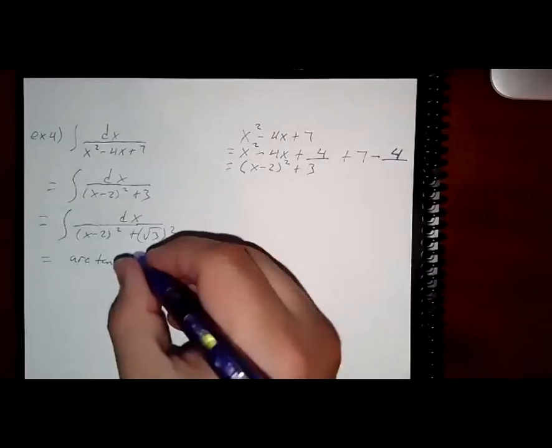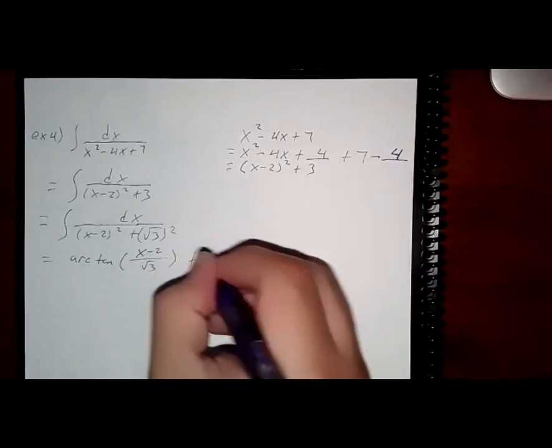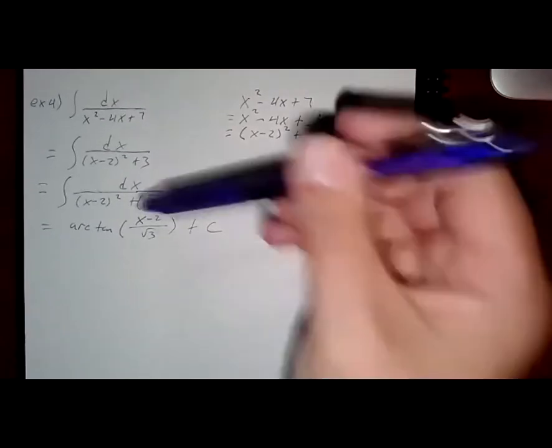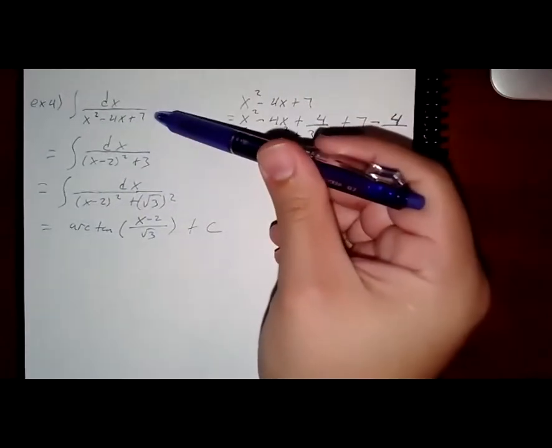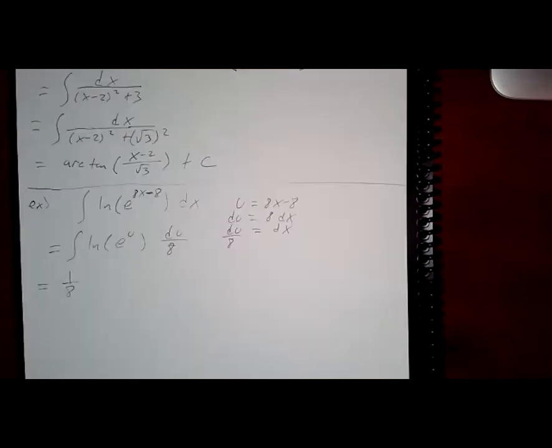It's x over u over a here. X minus 2 over root 3. Just at first glance, it wasn't obvious that this was a trig integration. And it should work out.